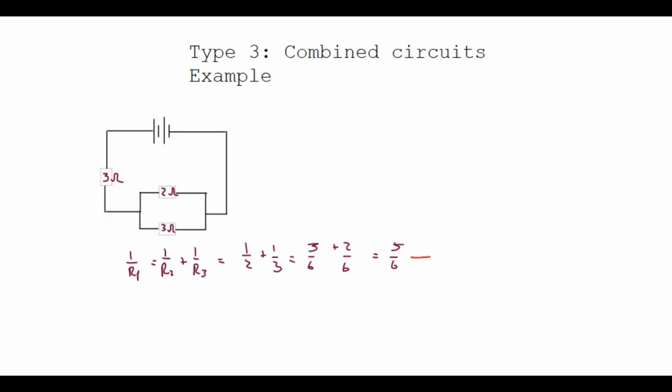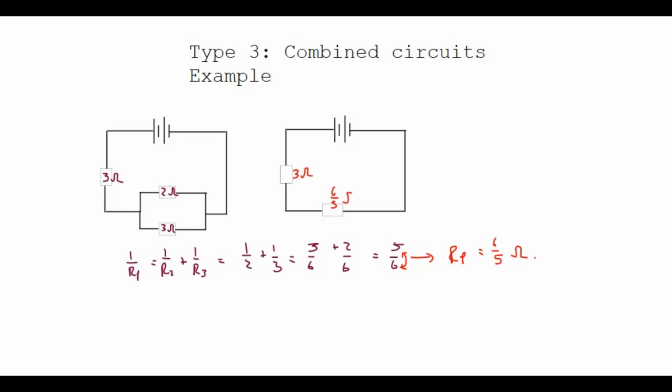We need to get Rp, so R parallel would be these two flipping around, which would become 6 over 5 ohms. Alright, so what we essentially have, if we look at the numbers, is we still have that 3 ohms that we haven't touched, but this has now become 6 over 5 ohms.